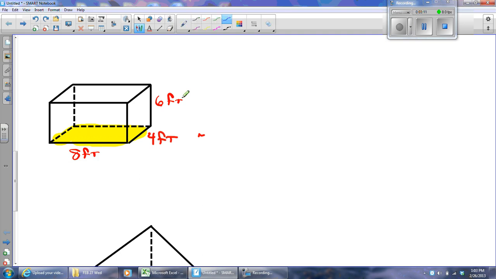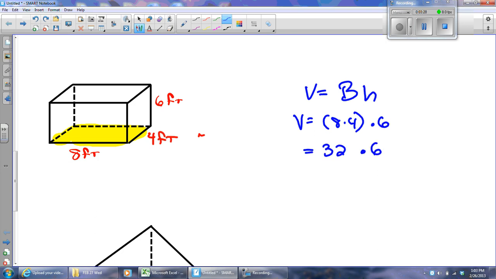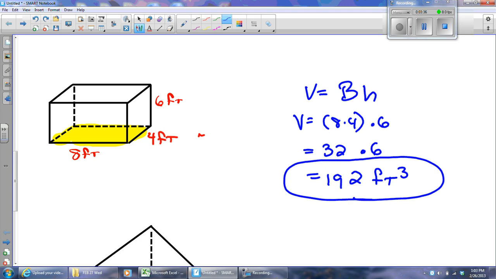So for a problem like this, I'm going to do volume equals capital B times H. So the volume is going to be the area of a rectangle, which is going to be 8 times 4. And then the height is 6. So 8 times 4 is 32. And 32 times 6 is going to be 192 feet cubed, 192 cubic feet. And there you go. Pretty easy stuff.